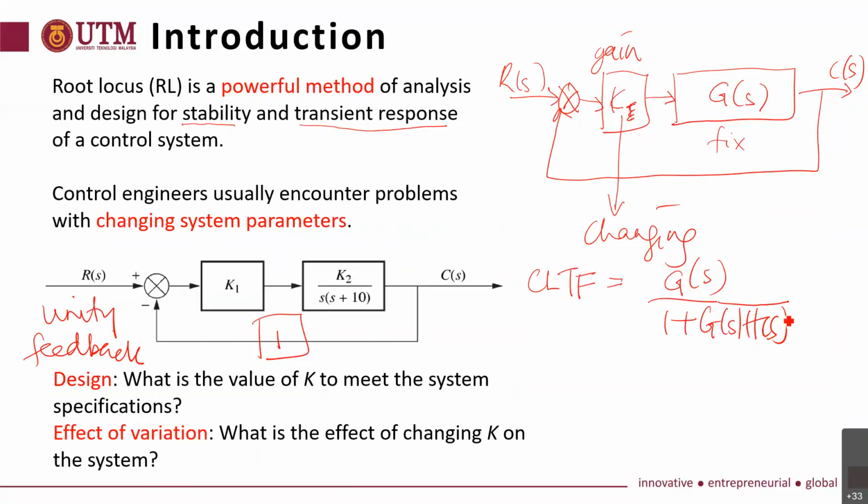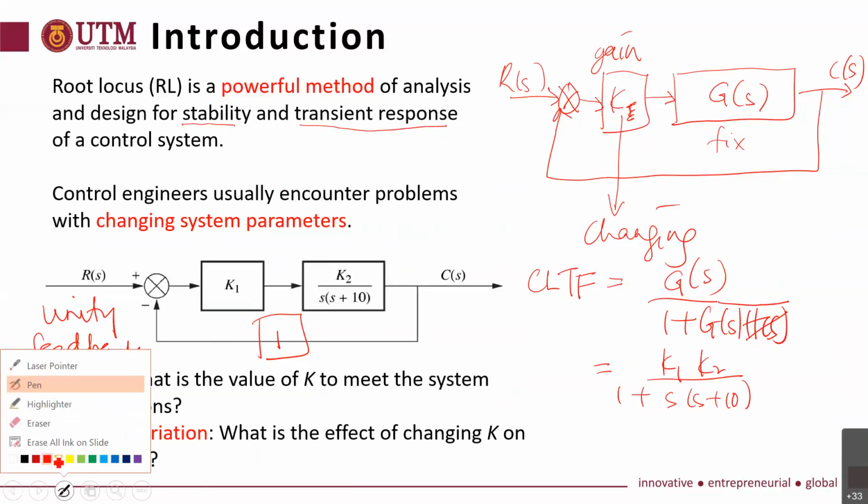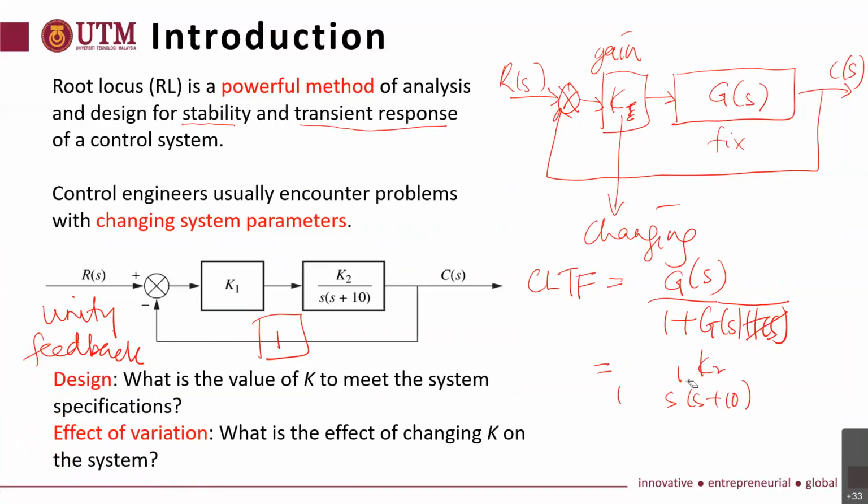Then we can omit this one. Then it will be K over s(s+1)(s+10). Sorry. I need a larger space.